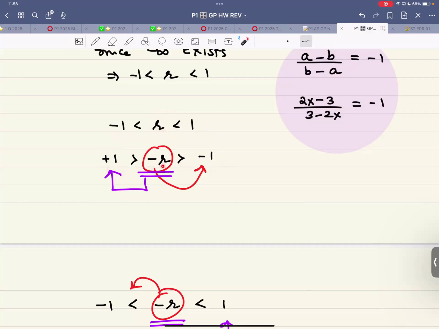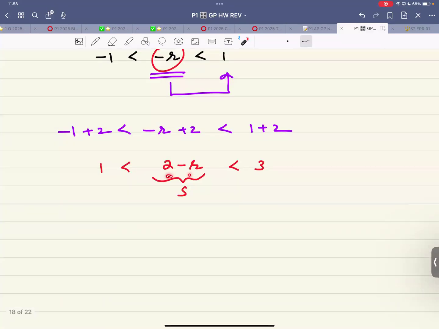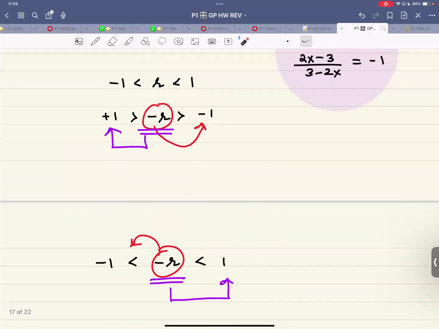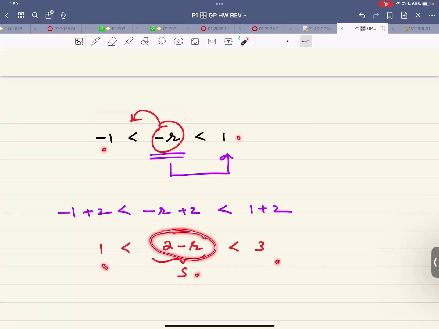So now -R lies between 1 and -1. It's better to write it this way: lesser than 1, greater than -1. And then I added 2 to both sides. So -1 plus 2 becomes 1, 1 plus 2 becomes 3. Therefore, sum to infinity, which is 2 minus R, lies between 1 and 3.